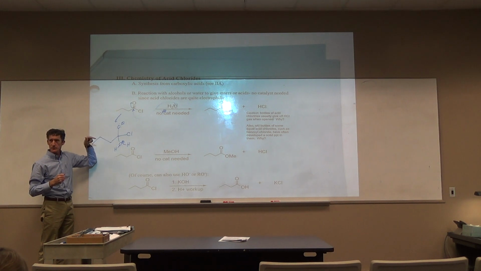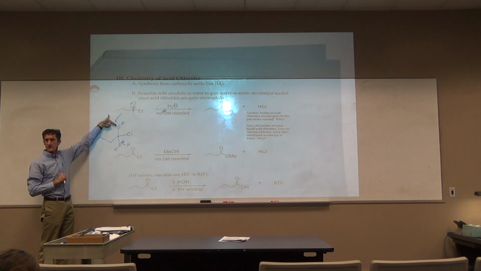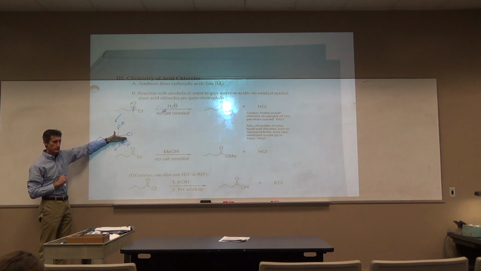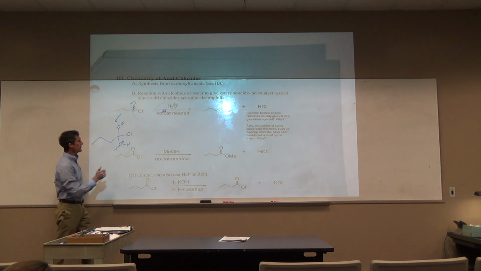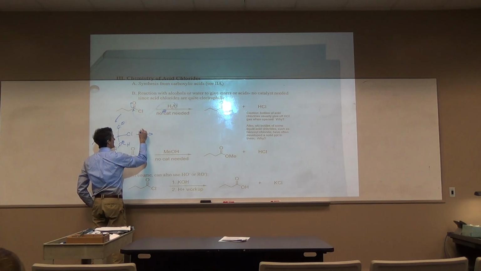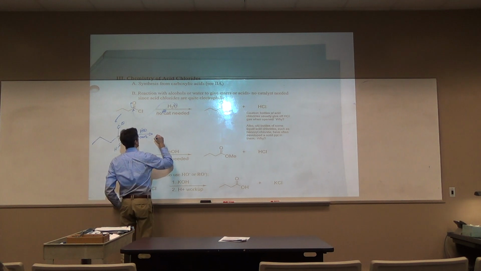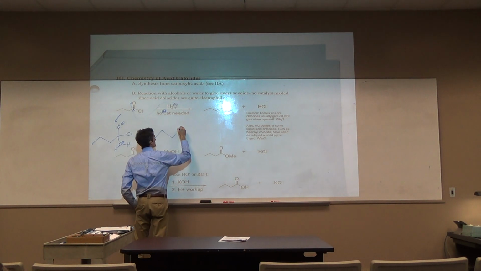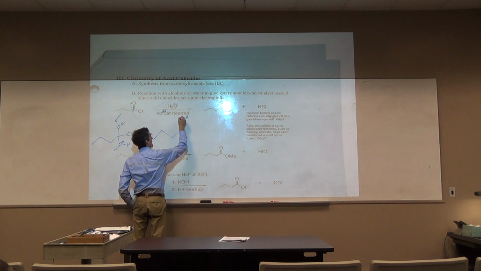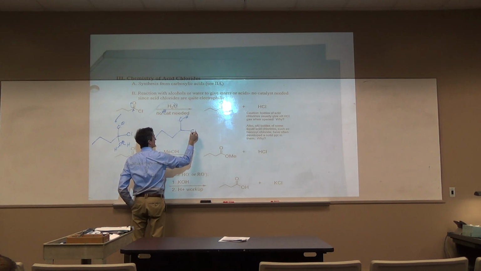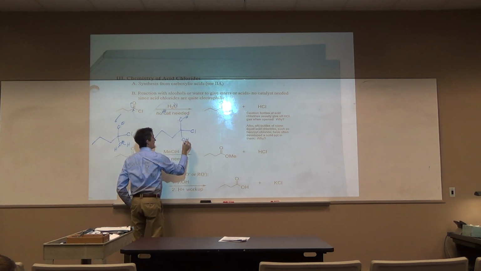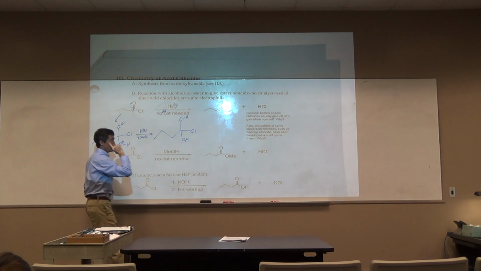How about if we take care of the proton first? At this point, you've got an oxygen minus. That looks like a base. You've got something that looks like H3O plus, an acid. How about a proton transfer? And let's put the H on that oxygen. And do this.